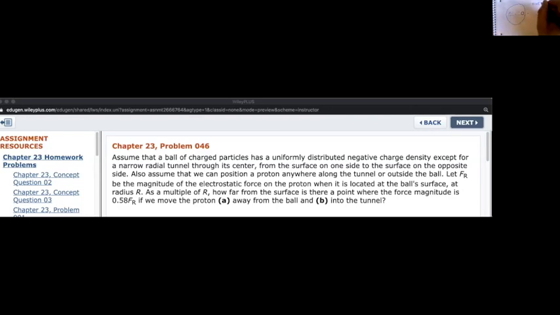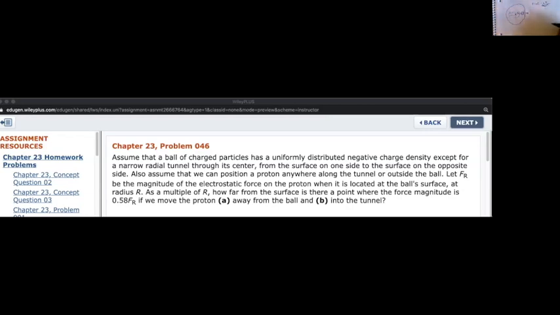So then we can write that E equals Q divided by 4 pi epsilon naught r squared, where r is the distance from the center of the ball over to here. So the important point of the problem is literally that the distribution doesn't matter. Now, for the second part, as the proton goes into the tunnel, we make a new Gaussian surface, which will have a radius r.